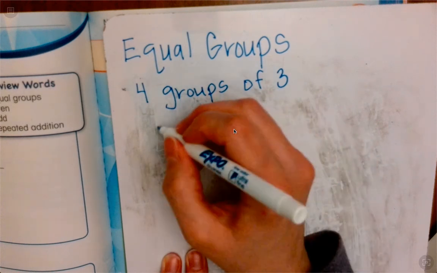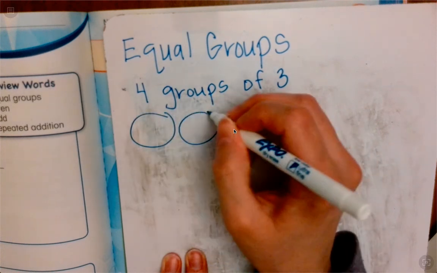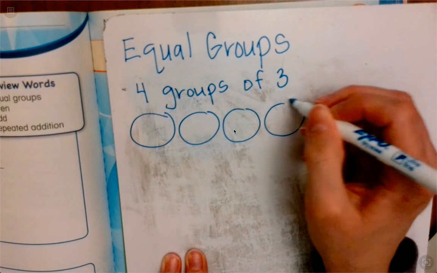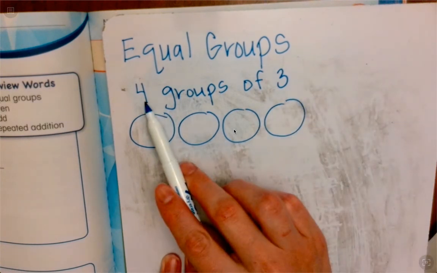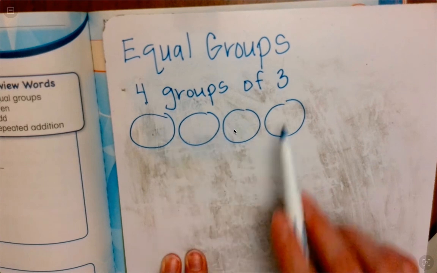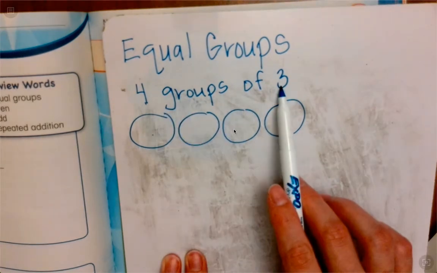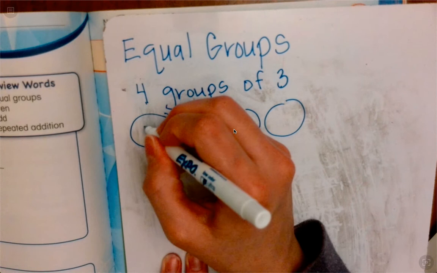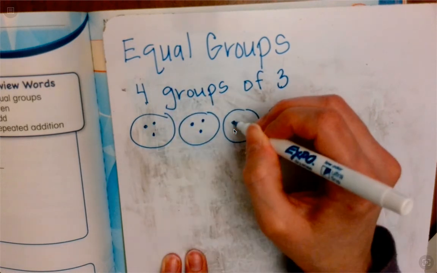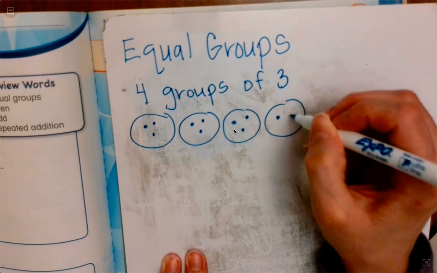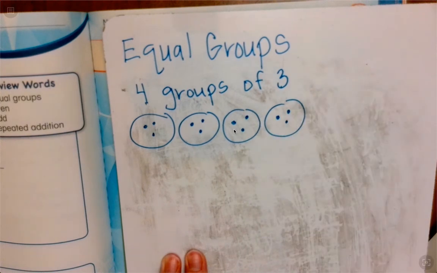So I have a group, group, group, group. It's like I have a class, right? It's like I had you guys in my class. So I have 4 groups. Then how many's in each group? 1, 2, 3, 1, 2, 3, 1, 2, 3, 1, 2, 3.